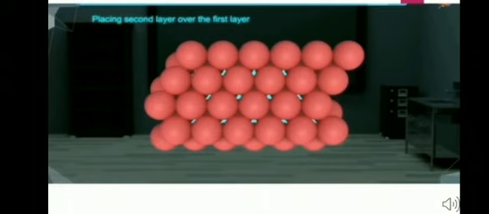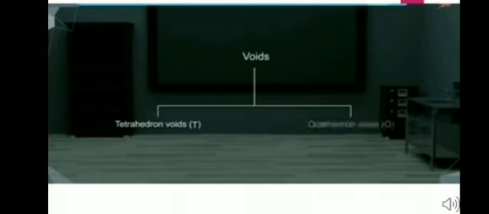This gives rise to a different arrangement and different kinds of voids. There are two types of voids, tetrahedral voids and octahedral voids. Now let us learn how these voids are formed.